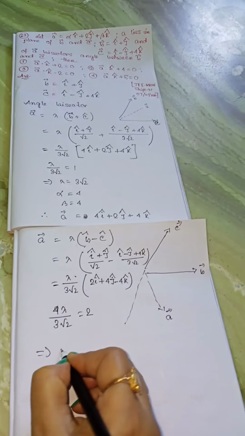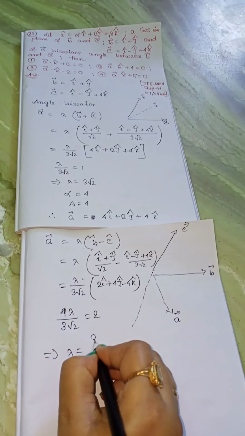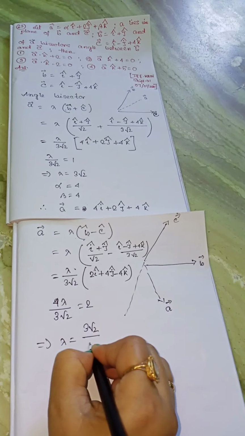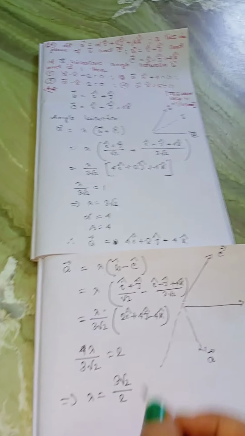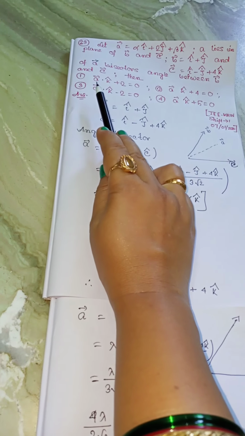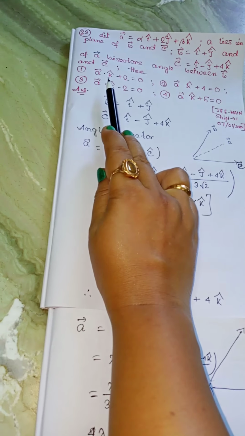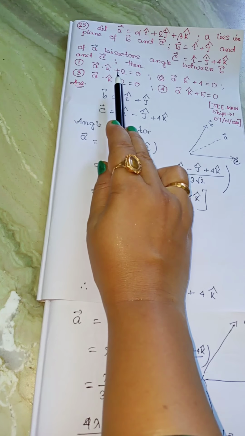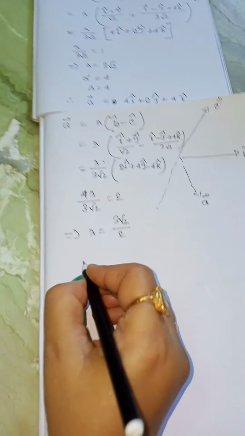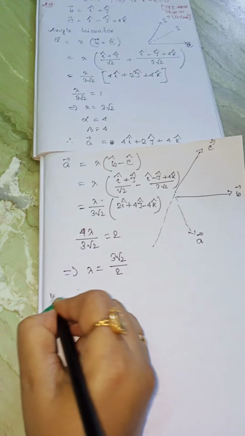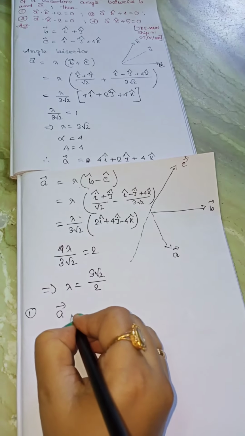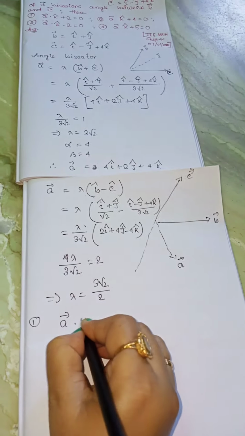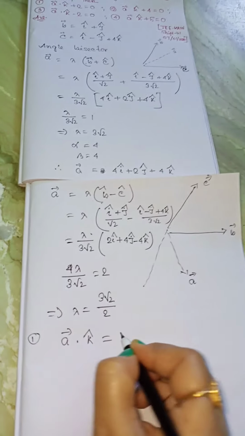So here lambda becomes 3 root 2 divided by 2. Now moving to option 1: A vector dot k cap is equal to minus 2.